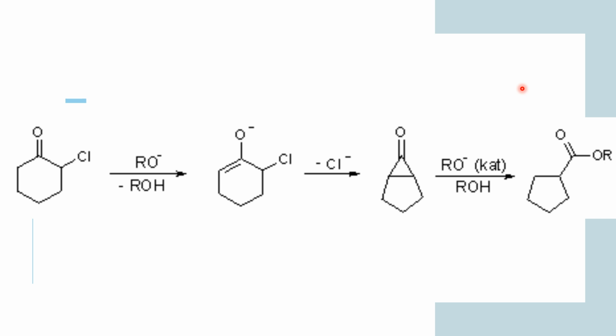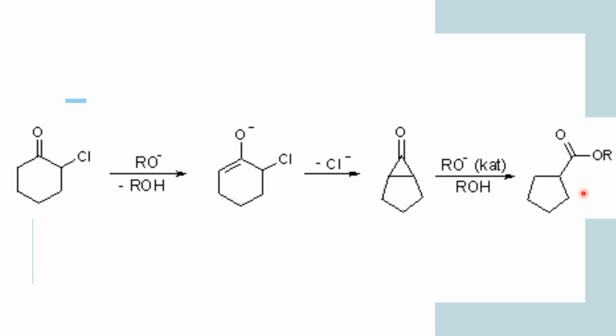Now we have another rearrangement reaction given here. We have 2-chlorocyclohexanone and an alkoxide, which is finally converting the six-membered ring to a five-membered ester.